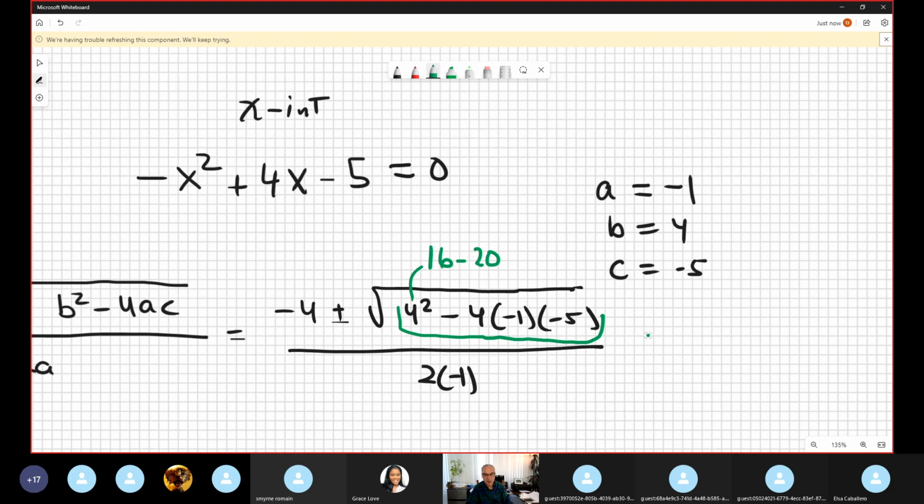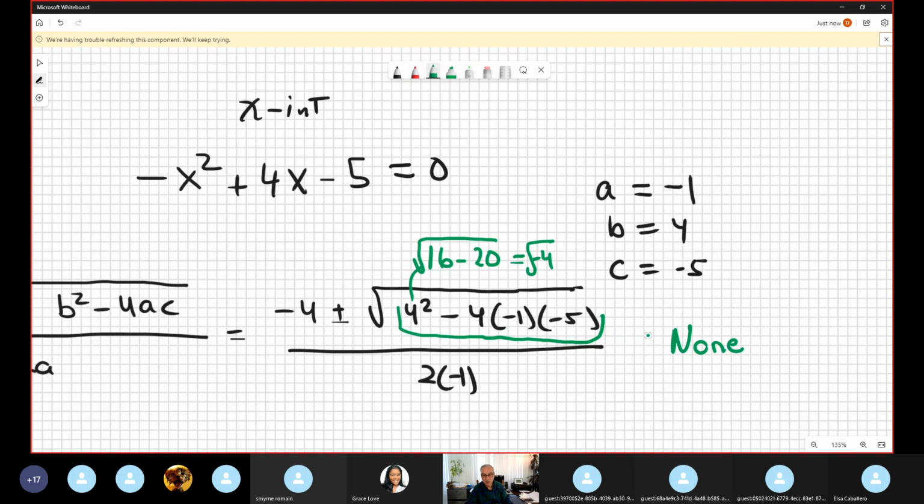Now I have negative 4, and the square root of negative 4 I know very well is imaginary. What I try to find is the real value at which the quadratic function crosses the x-axis. It does not exist because it's imaginary. So the answer is none.